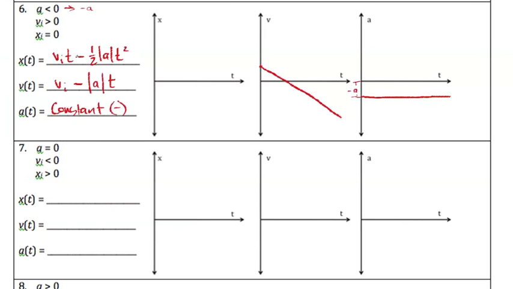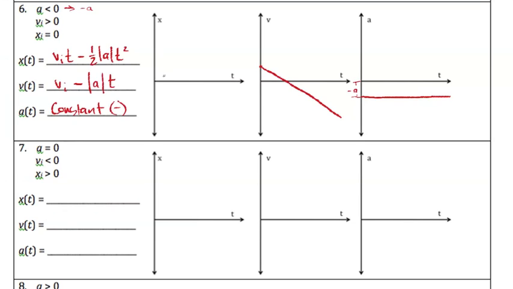Now again, if you simply wrote this as vit plus 1/2 at squared, that would be 100% correct. But remember, if you were given a value for a, like, I don't know, -2, -3, when you plug that in for a, you would also change this sign out here, right? So I'm just doing it without plugging something in for a, because we don't really know what a is, as a reminder that this acceleration is going to be negative. Hopefully this is clearing up why I'm writing it like this, but just a reminder that our acceleration is going to be negative.